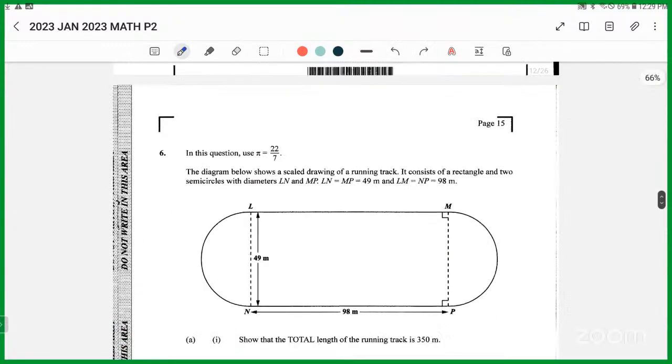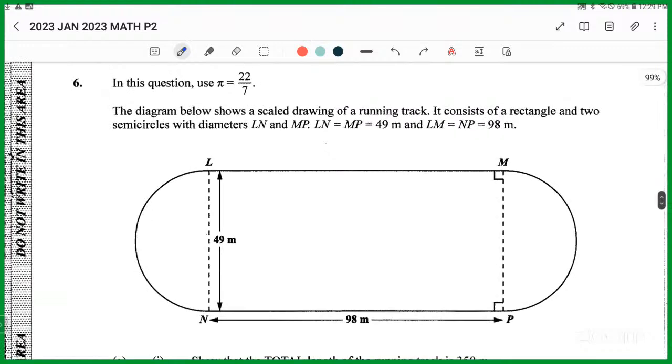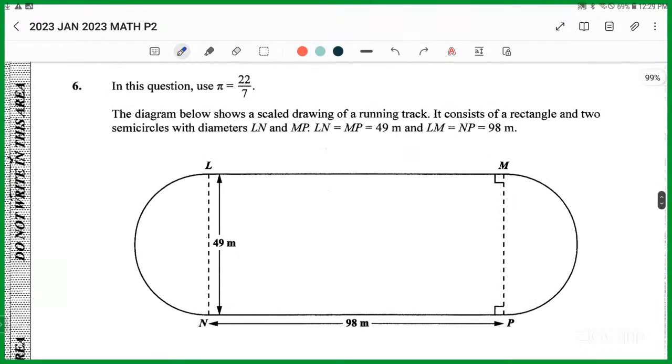Next question, number 6. Another nice question. The question says, let's take pi as 22/7, and we'll do some circular measure. The diagram below shows a scale drawing of a running track. It consists of a rectangle and two semicircles with diameter LN. The diameter across here is LN.